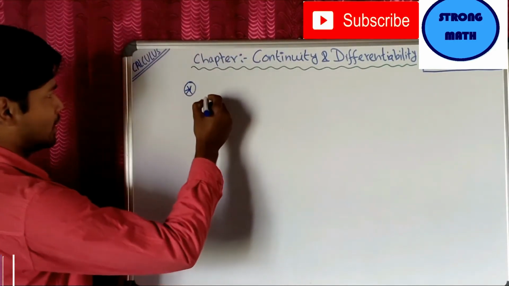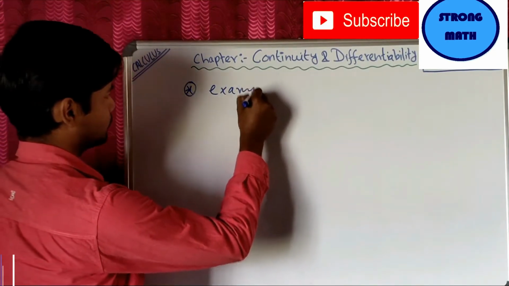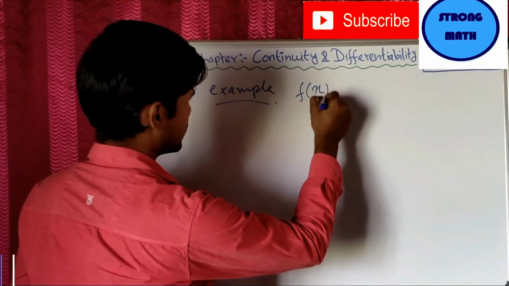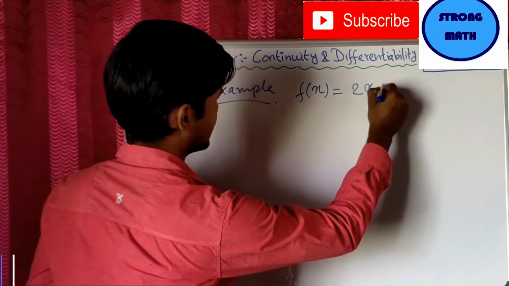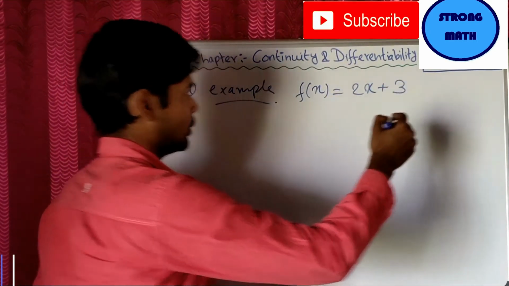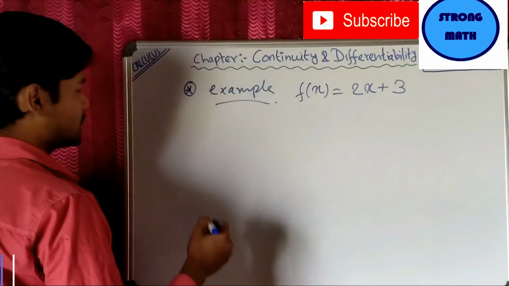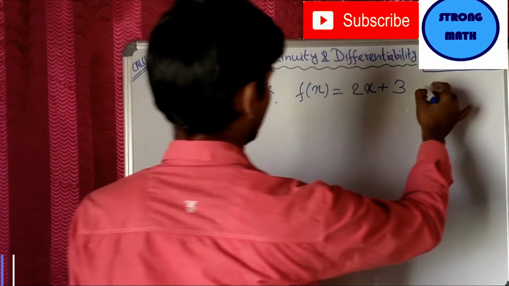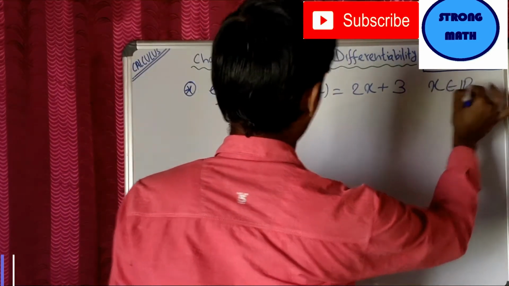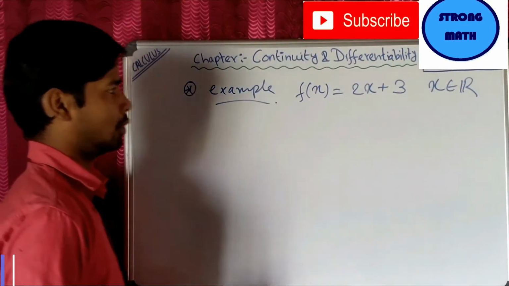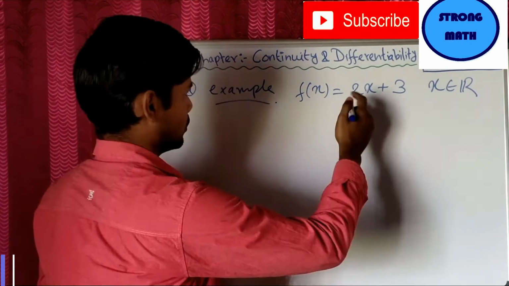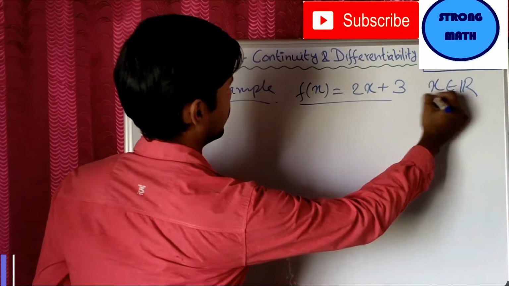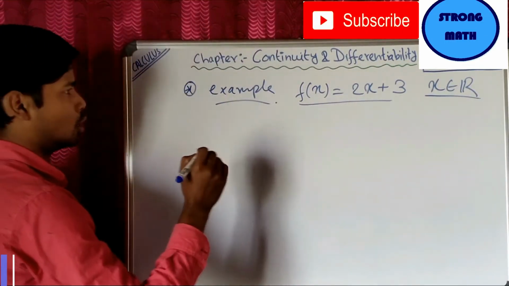Let's discuss an example. Suppose f(x) equals 2x plus 3. Check the continuity of this function. Here there is no restriction on this function, that is, x belongs to the real numbers. No need to discuss the existence of limit here, because this function is clearly defined on the real numbers. There is no break.